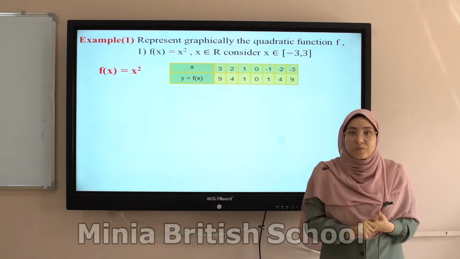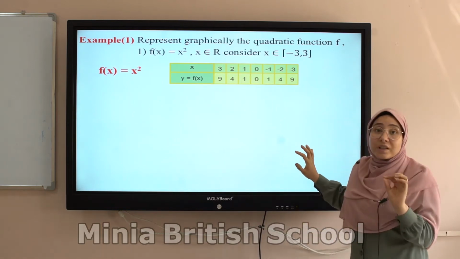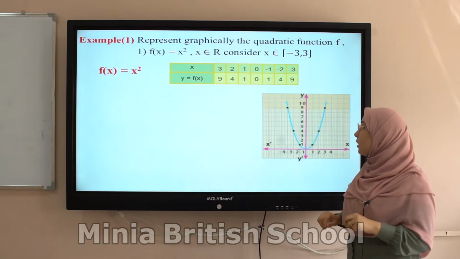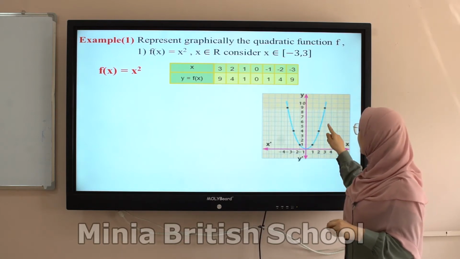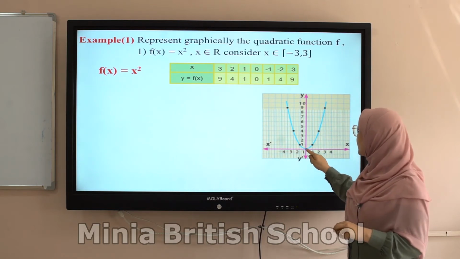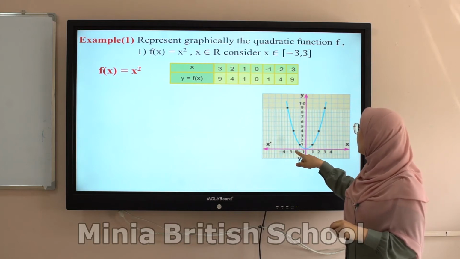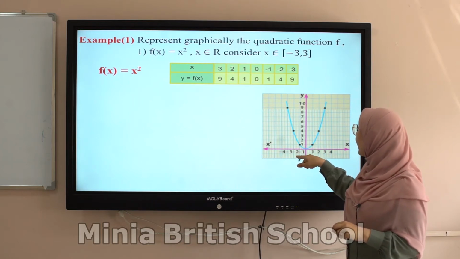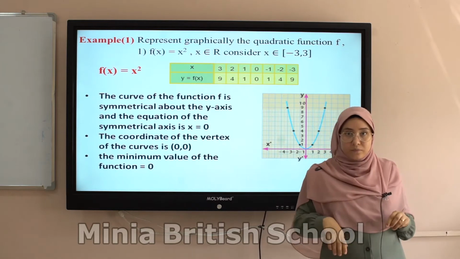Now, label each ordered pair on the perpendicular square net like this: (3, 9), (2, 4), (1, 1), (0, 0), (-1, 1), (-2, 4), and also (-3, 9).